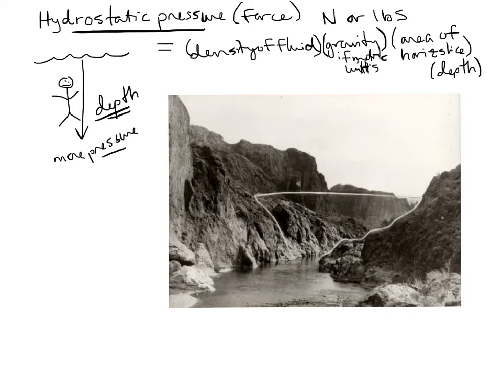As far as this dam goes, by the way, this is a picture of the Roosevelt Dam, which I think is on the Salt River, outside of Phoenix. The reason I chose this one is that it has a triangular area in there, a triangular shape to it, and we're going to use that.